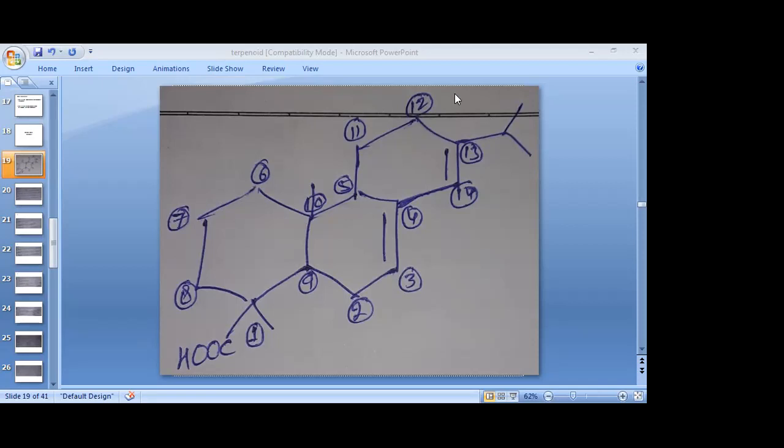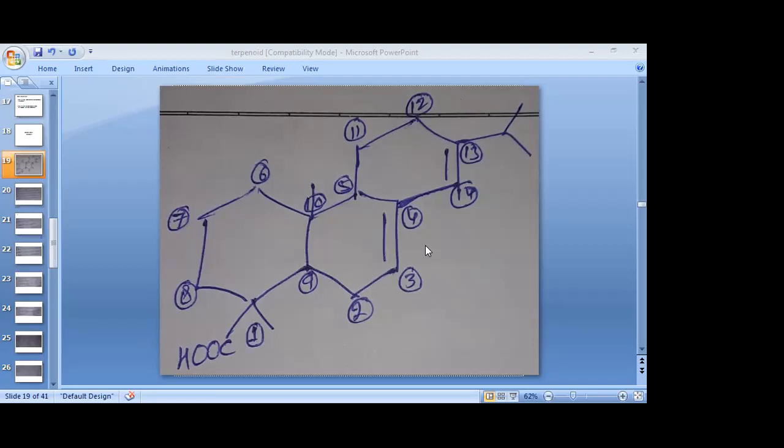Next, whether there is a conjugated double bond or not, also confirmed by a chemical test. Whether there is an isopropyl group, an angular methyl group, a tricyclic compound, a methyl group at the first position, all are confirmed. Those chemical tests or reactions come under chemical examination or structural determination.